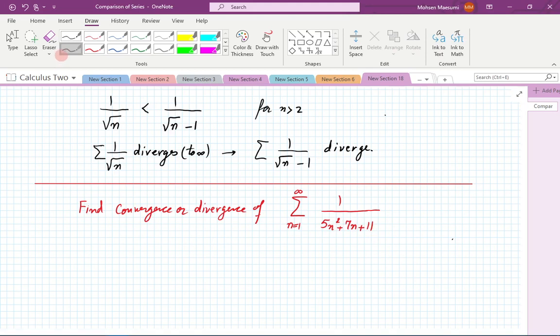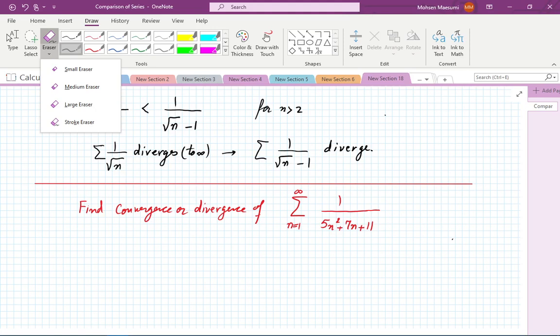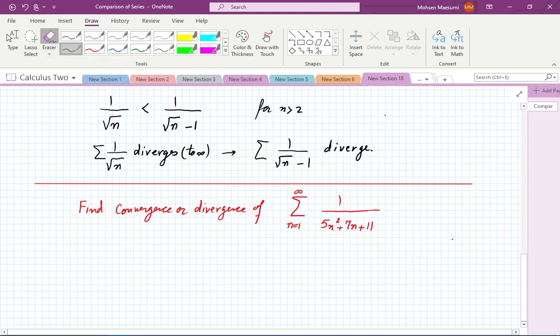So this leads us to the idea of, as a comparison, let's go ahead and look at the sum of 1 over, you can even do away with the 5 and make it as clean as you want, sum of 1 over n squared. So we come up with what to compare it with.